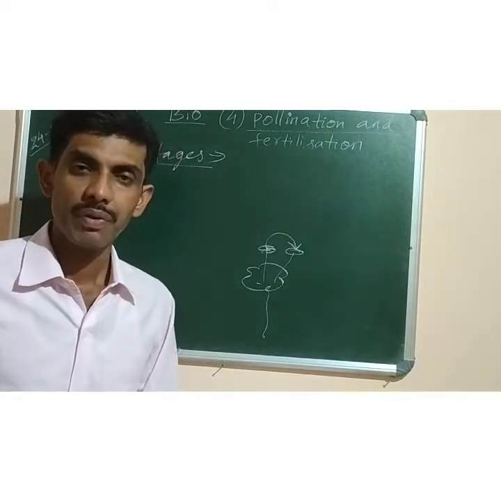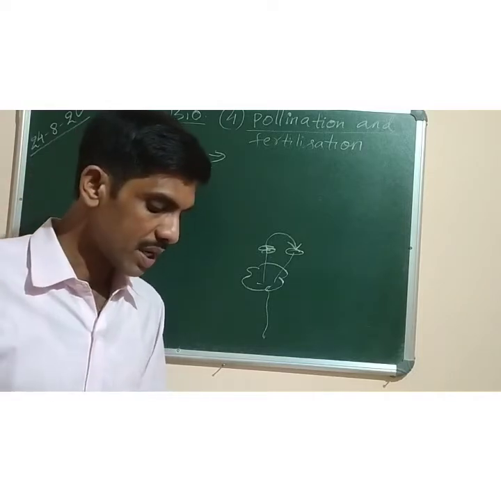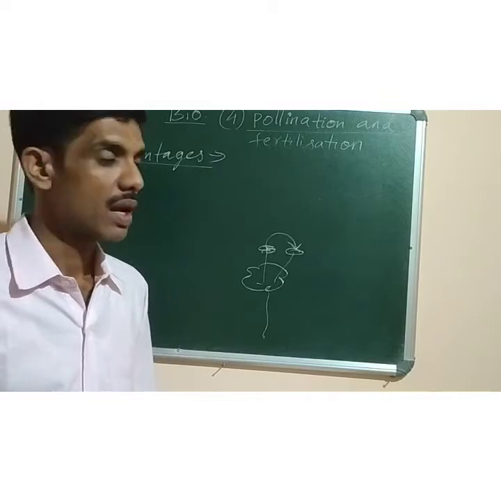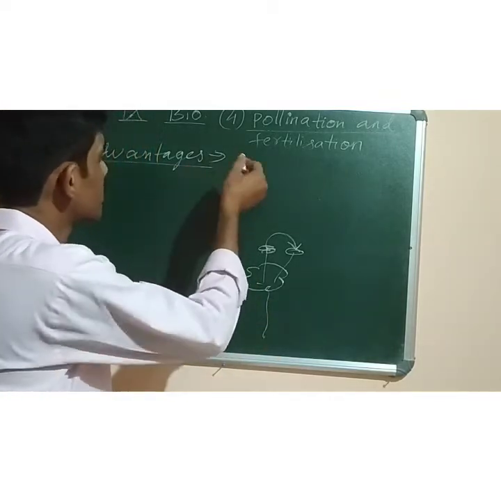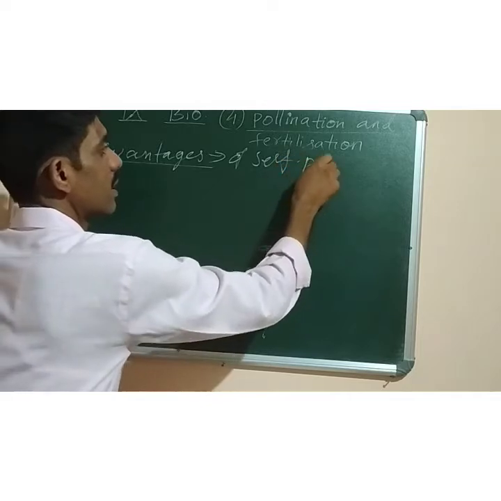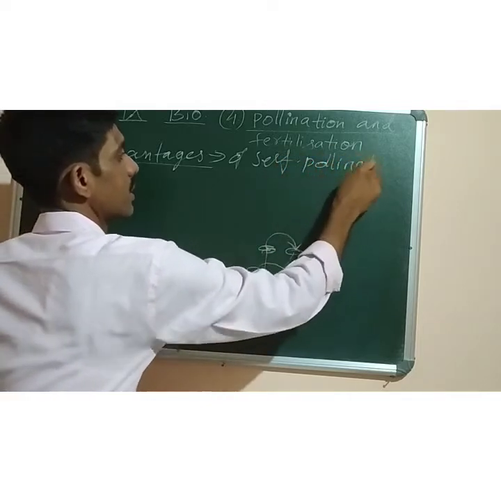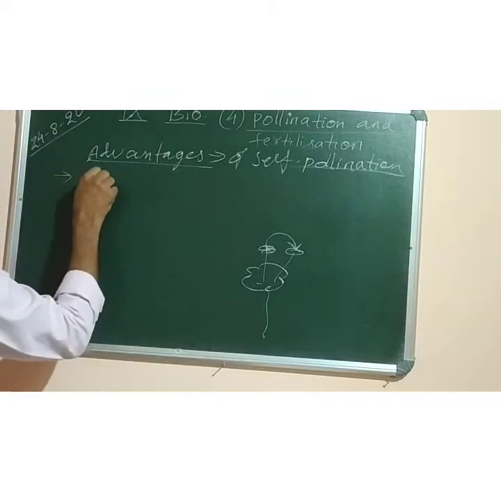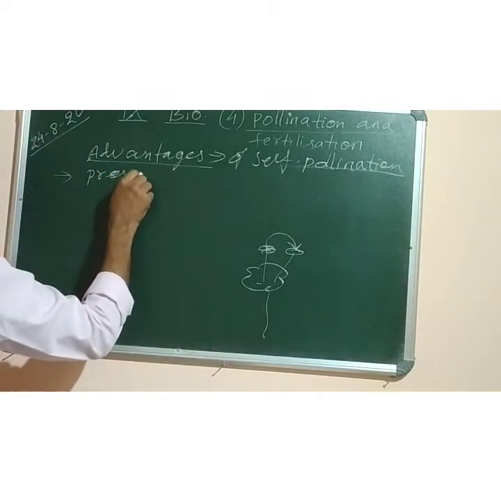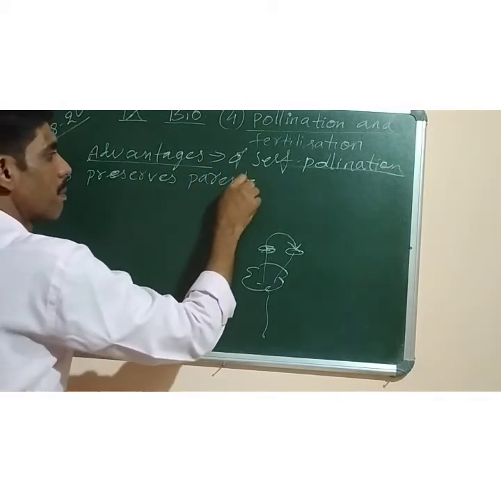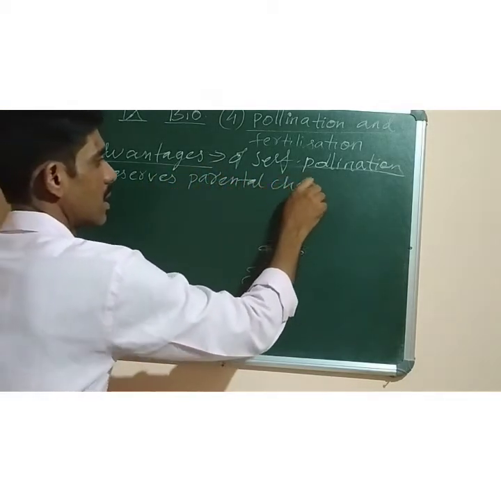So in a book already the points are there. Number 1, first point mentioned is self-pollination preserves parental characters. How is it possible? Advantages of self-pollination, only the main points I will explain. Preserves parental characters.